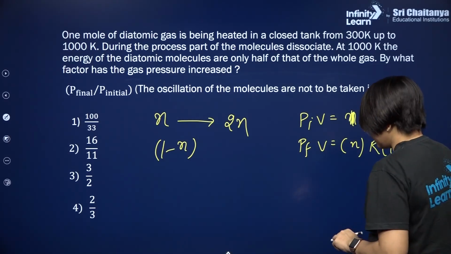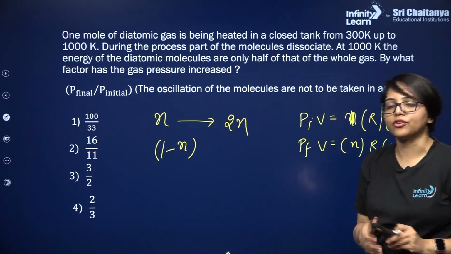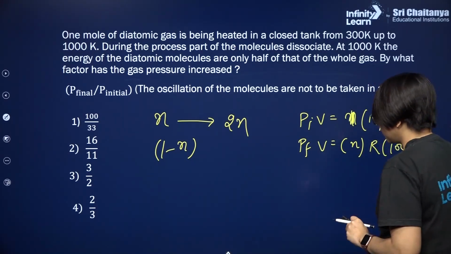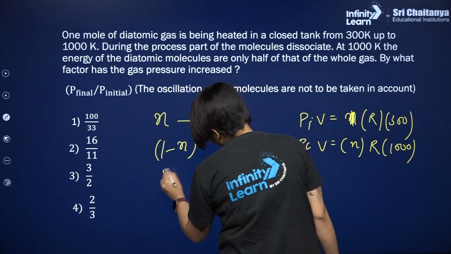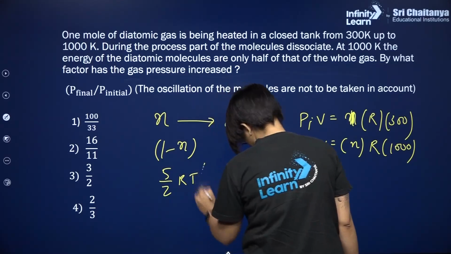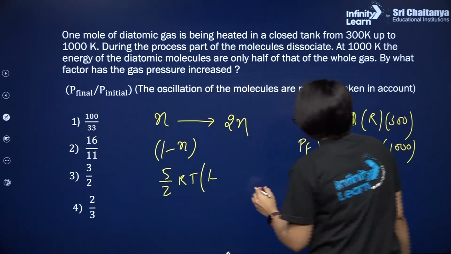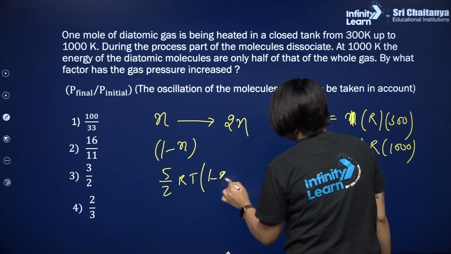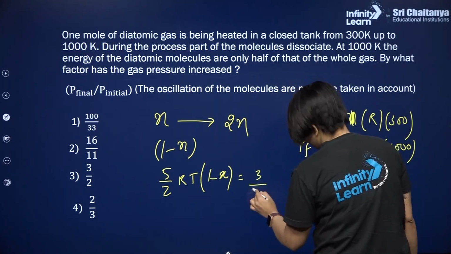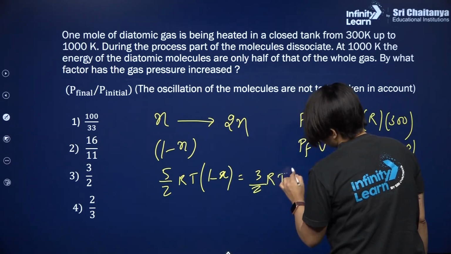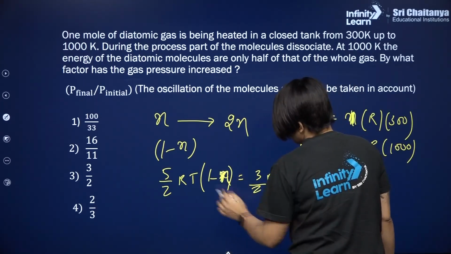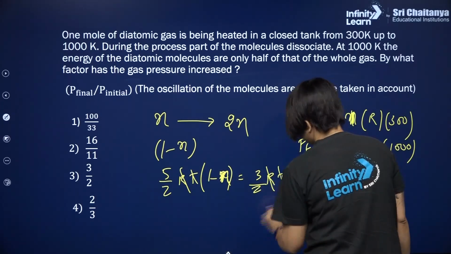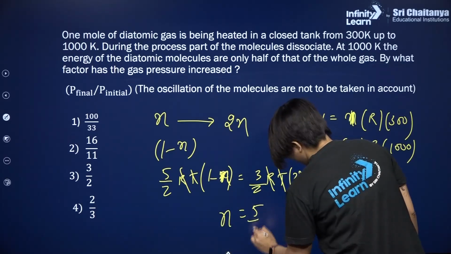So half of the energy is with the diatomic and half of the energy is with the monoatomic gas. So you can write 5 by 2 RT into (1 minus n) is equal to 3 by 2 RT into 2n. This will give you the value of n as 5 upon 11.